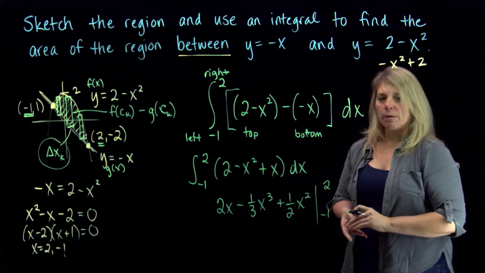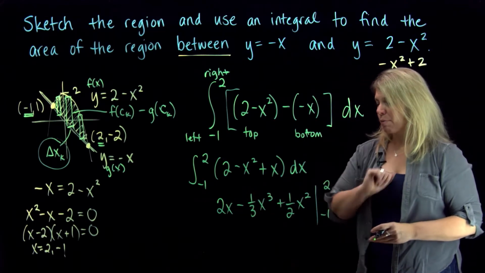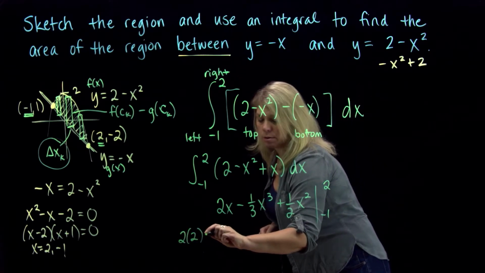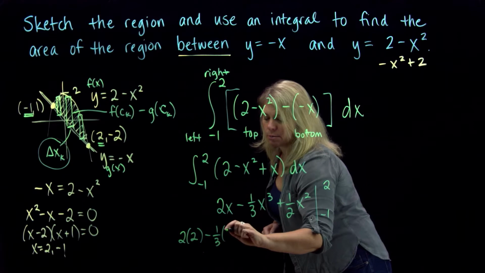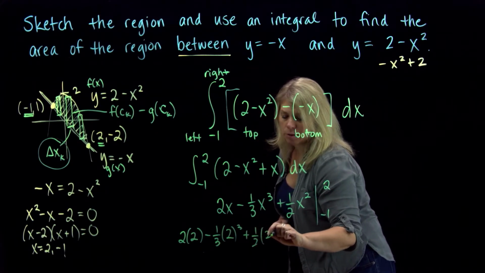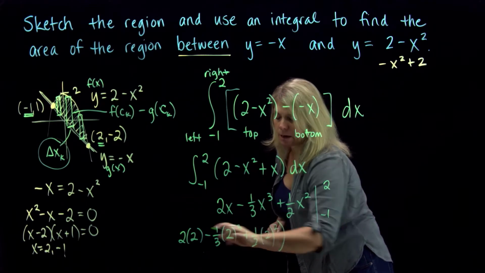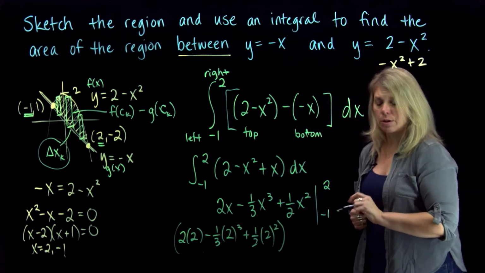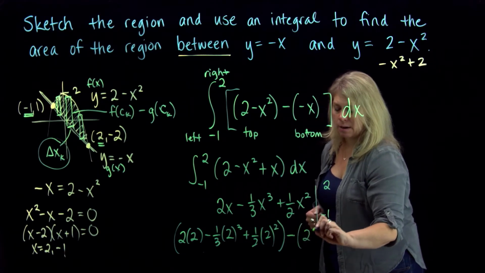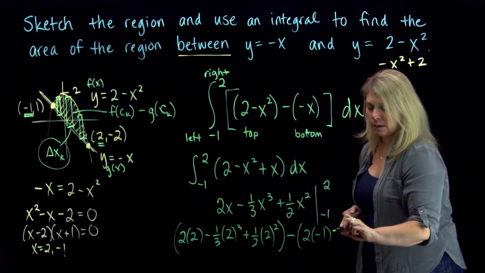So we're going to take this whole function, plugging in our upper limit of integration first. So 2 times 2 minus 1/3 times 2 cubed plus 1/2 times 2 squared, that whole function evaluated at x equals 2. And then minus my whole antiderivative evaluated at x equals -1.